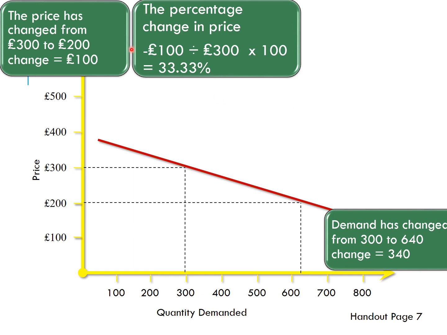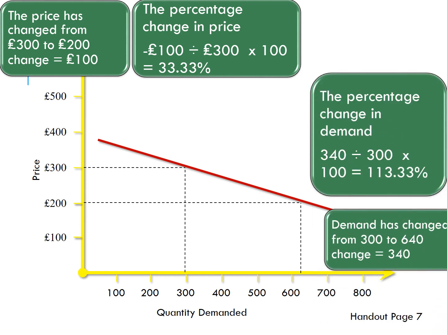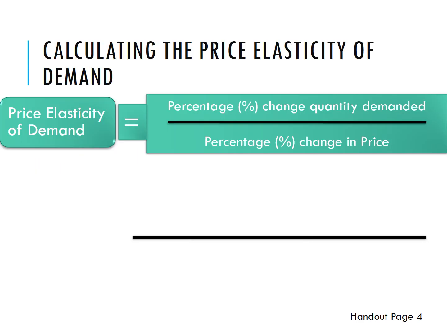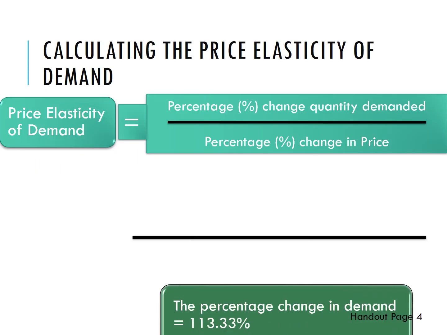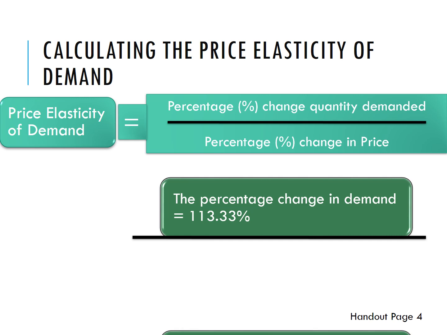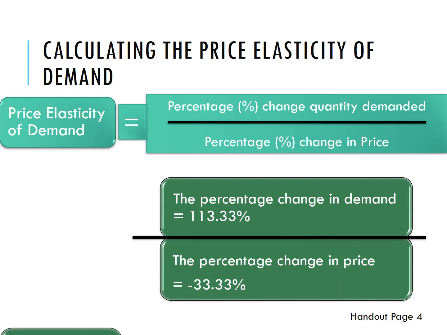Up here we have the percentage change in price. Price has fallen by 100 divided by the original price 300, so that's a minus 33.33% decrease in the price. In terms of demand, it's risen by 340 divided by the original demand 300, so that's an increase of 113.33%.